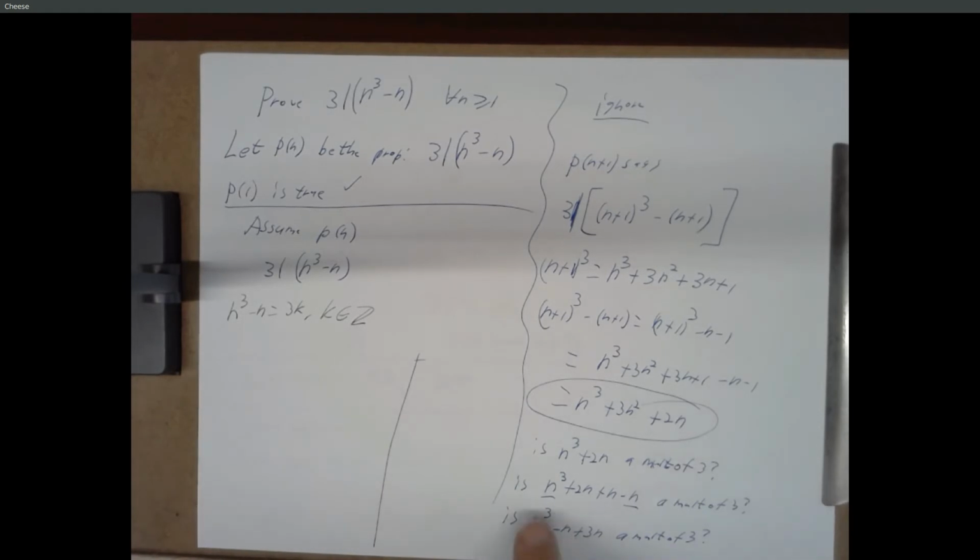So we can move that minus n next to the n cubed and now ask, is n cubed minus n plus 3n a multiple of 3? And we know n cubed minus n is writable as 3k, so is 3k plus 3n a multiple of 3?